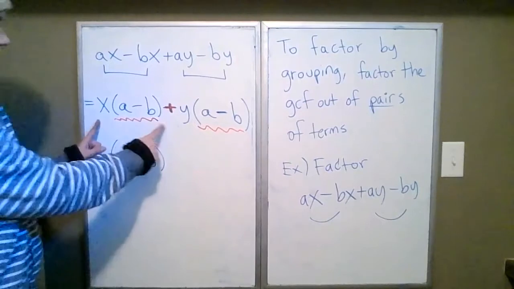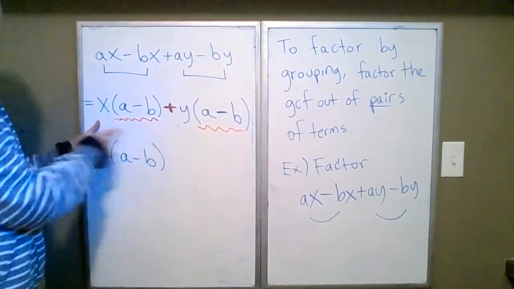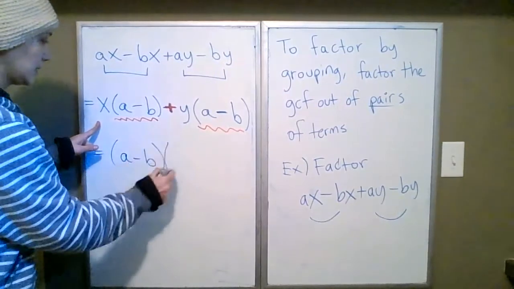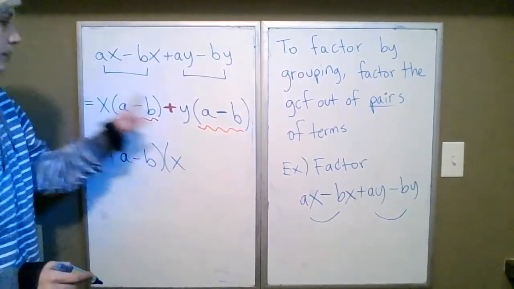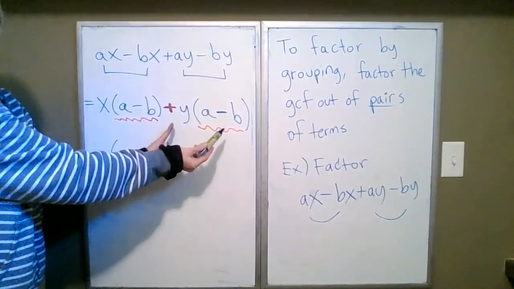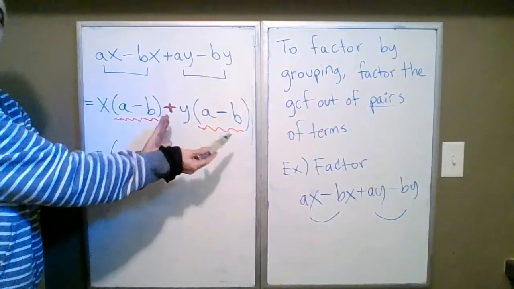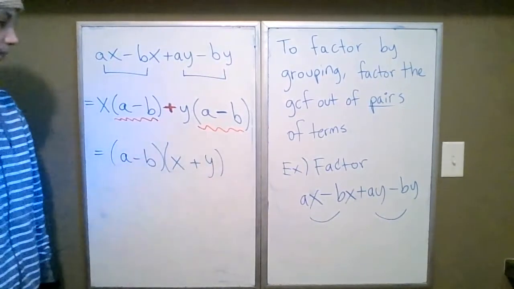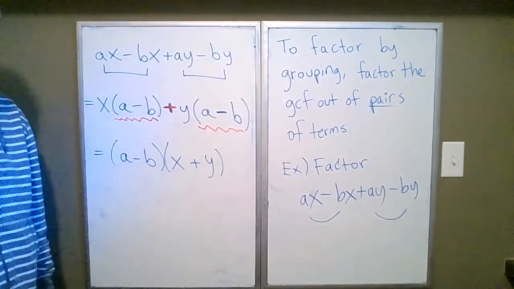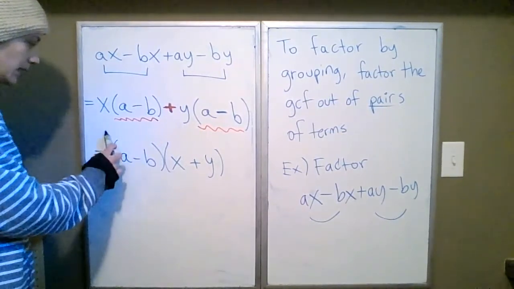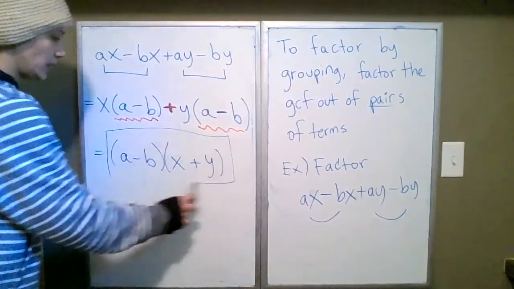Before the plus sign, we're factoring out a minus b, which leaves the x. And then we factor a minus b from this term, which would leave the y. And then we're done. We've got a minus b times x plus y. That is the factored form of that expression.